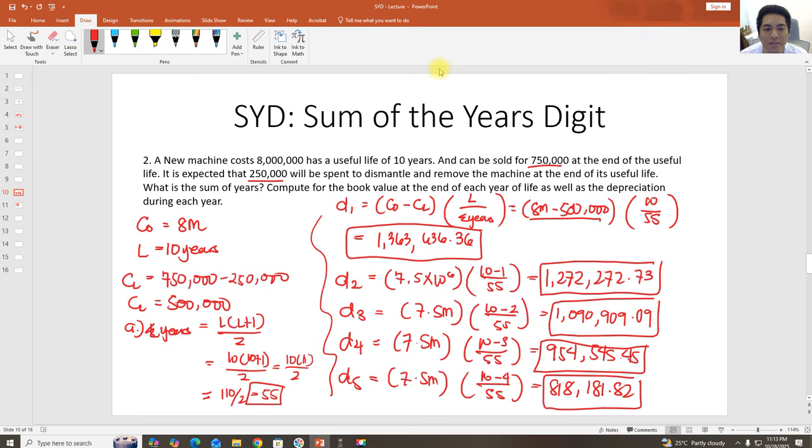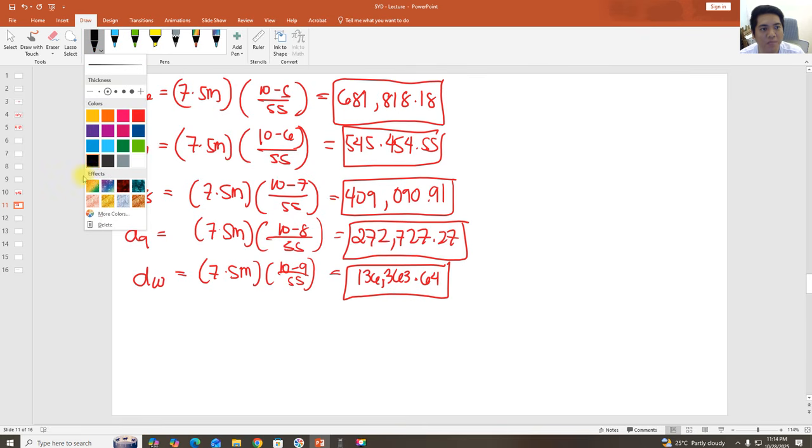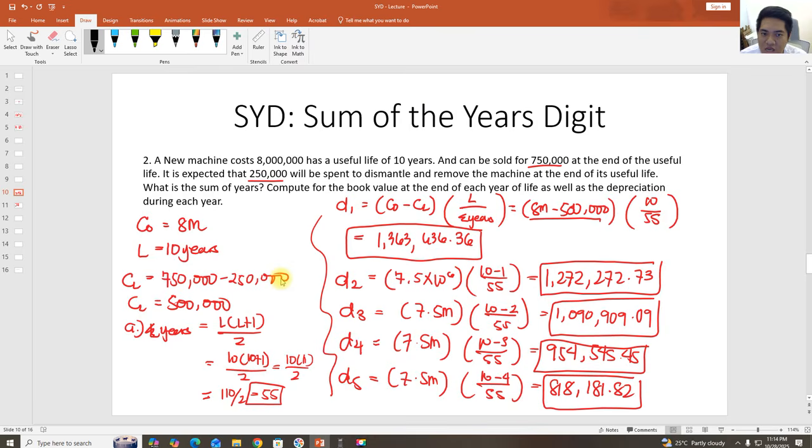We are also done with the depreciation. Now we are moving forward with the book value. So for the book value, C sub 1, of course, that is C sub 0 minus D1. From the values that we have gotten a while ago, we can just simply substitute this.